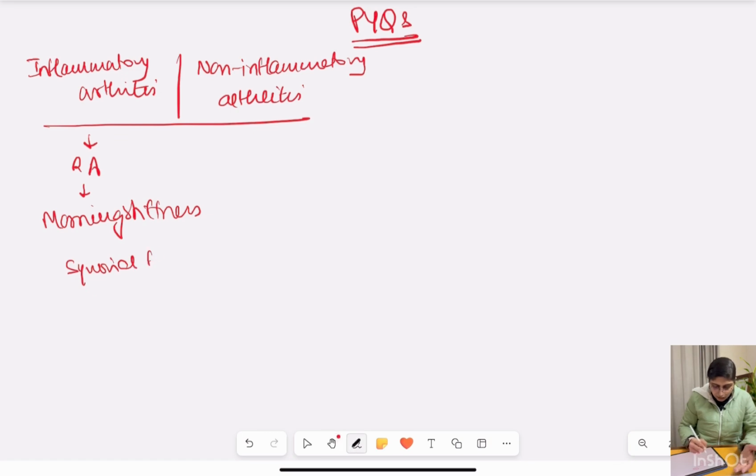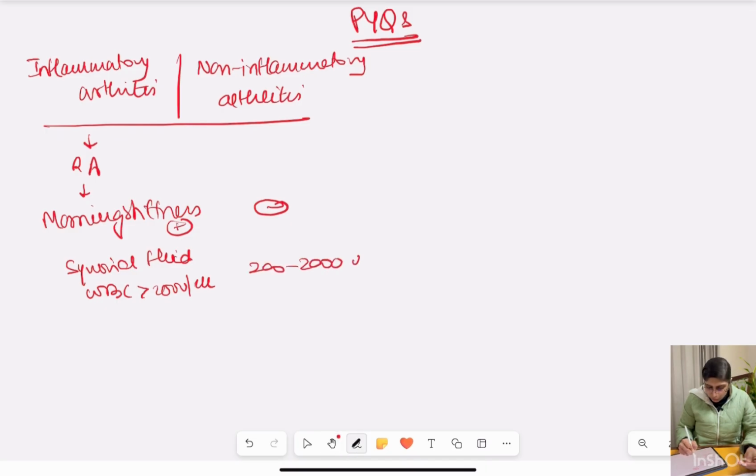Morning stiffness is there in inflammatory arthritis. Synovial fluid WBCs are high, more than 2000 per microliter in inflammatory arthritis, and only 200 to 2000, so less than 2000 per microliter WBCs in synovial fluid in non-inflammatory arthritis. If morning stiffness is there in non-inflammatory arthritis, it is less than 1 hour, and in inflammatory it is more than 1 hour. So this time becomes important, right?